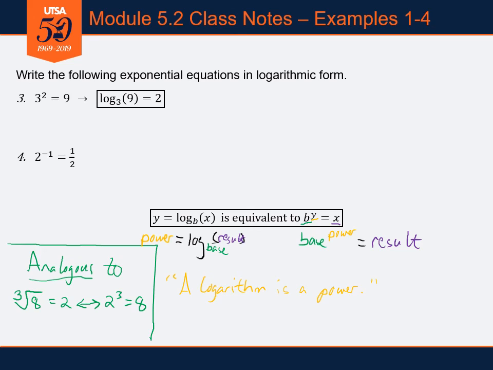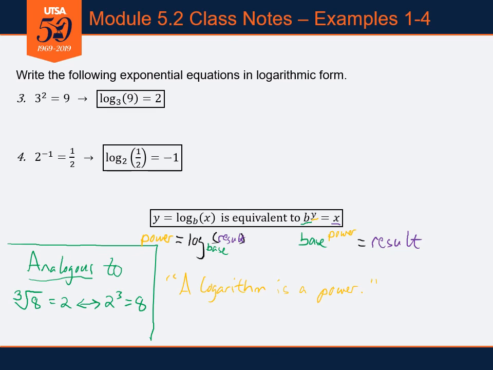Just using that definition to rewrite this exponential form to logarithmic form. Let's do the same thing with 2 to the negative 1 equals 1/2. That's true. 2 to the negative 1 power is equal to 1/2. We're going to rewrite that in logarithmic form as log base 2 of the result 1/2 is equal to the power negative 1.